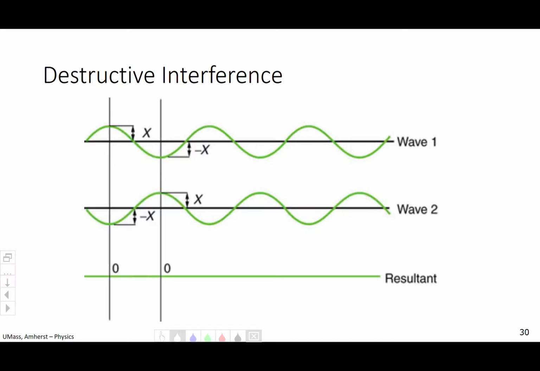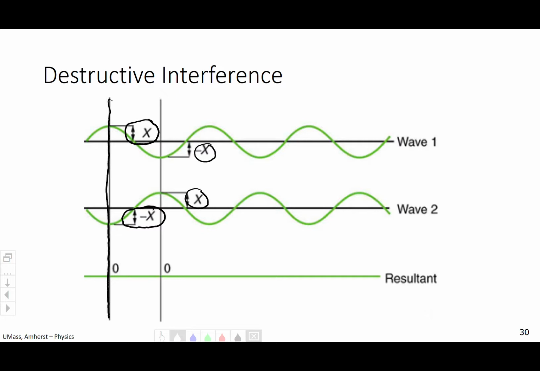You also have destructive interference, where if these waves are shifted off by half of a wavelength, we have a crest of height x and a trough of height negative x. And if we put them right on top of each other, they sum to 0. Over here, you have a trough and then a crest.